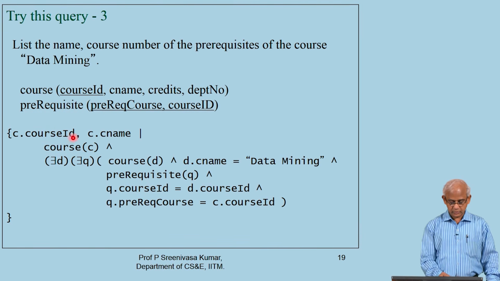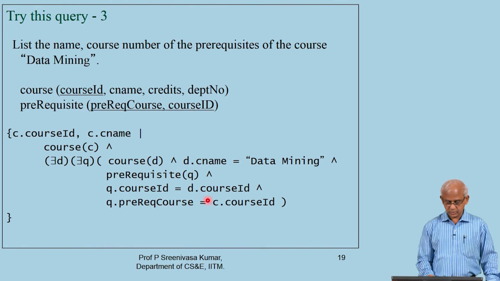So, we are looking at all possible courses, and if that course happens to be a prerequisite of the data mining course, then we are reporting its course ID and course name. Okay.